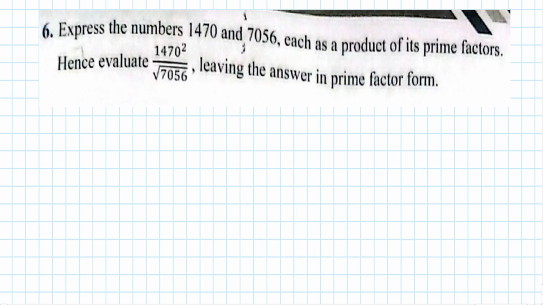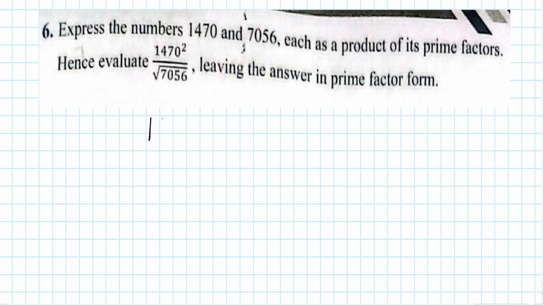Question 6. Express the numbers 1470 and 7056 each as a product of its prime factors, hence evaluate 1470 squared over square root of 7056, leaving the answer in prime factor form. Okay, so yep, that's not hard.